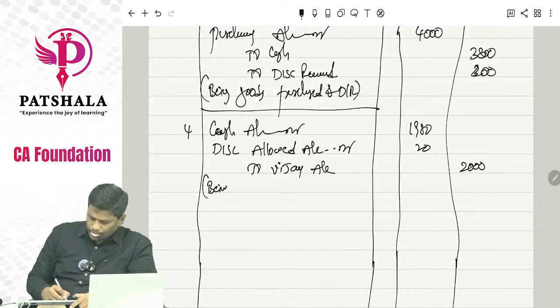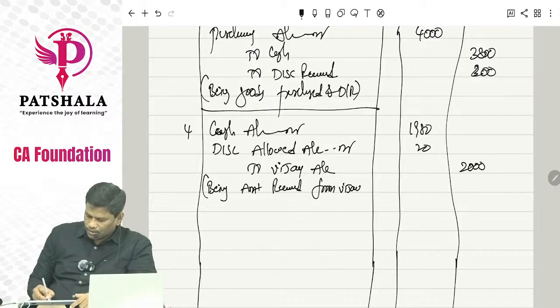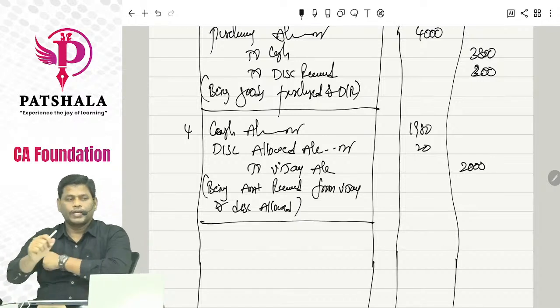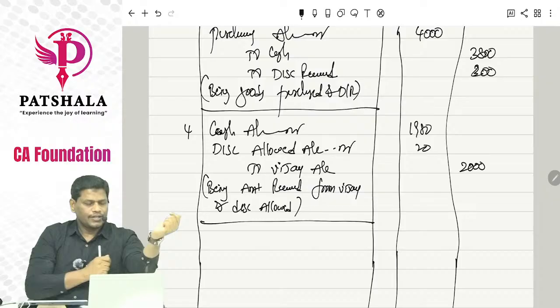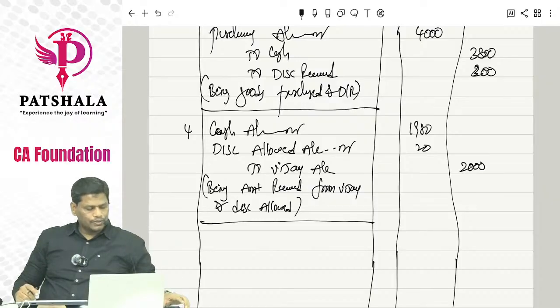Being amount received from Vijay and discount allowed.